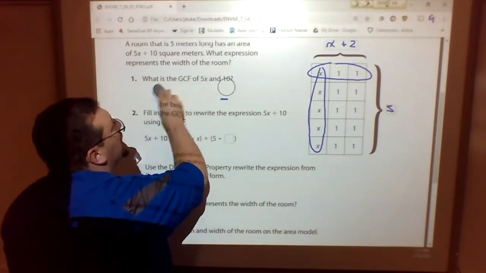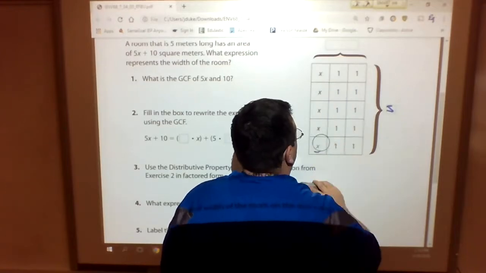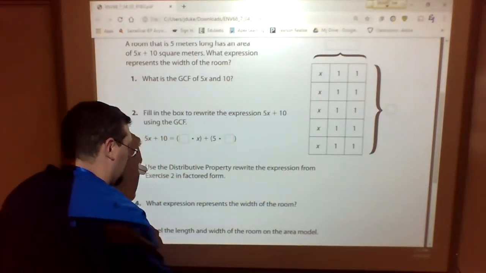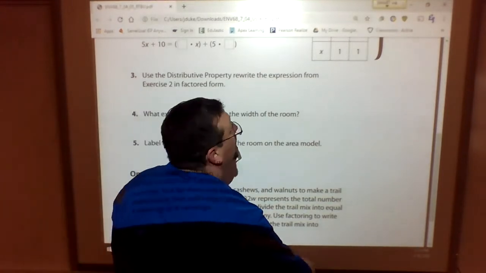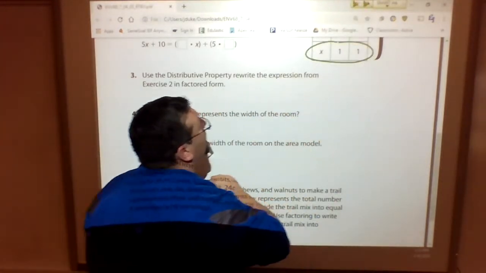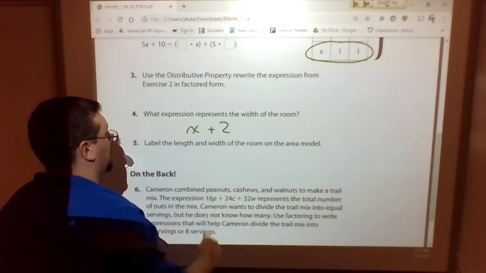All right, so what expression represents the width of the room? Again, that's this part right here. All right, that's simply x plus 2.